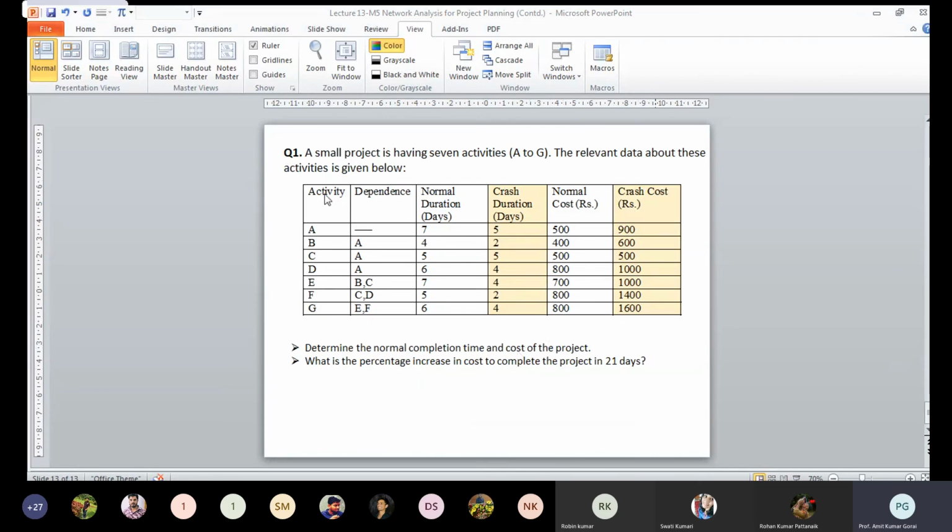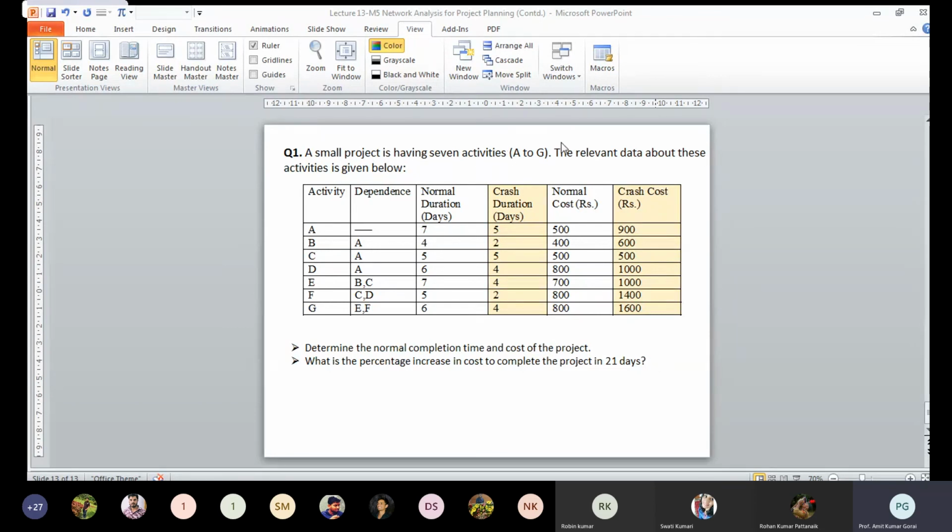Before going further, I want to give you one problem. You can see the normal duration and the normal cost of completion of these activities, and the crash days. Suppose you can crash a job. Job A has a normal completion time of 7 days, but it can be reduced to 5 days.